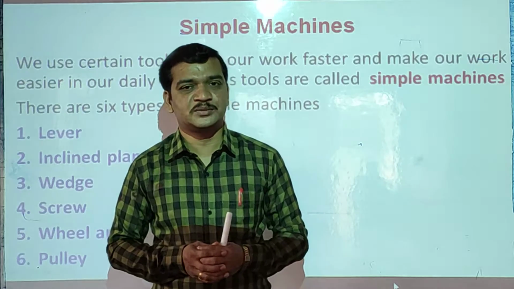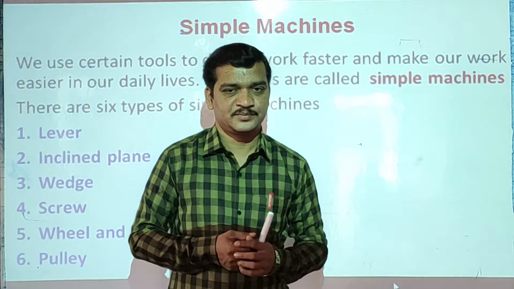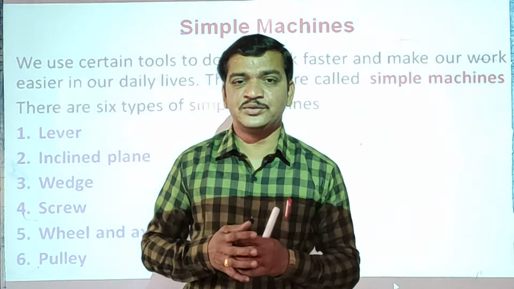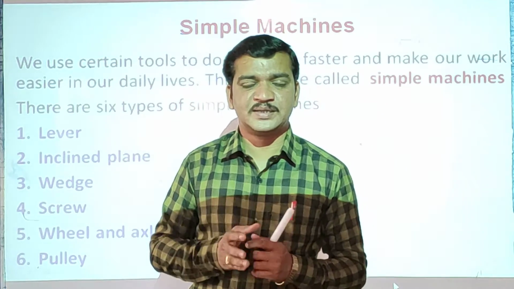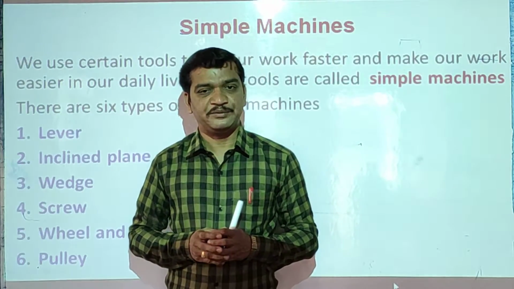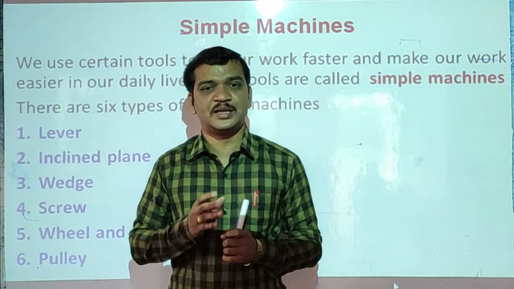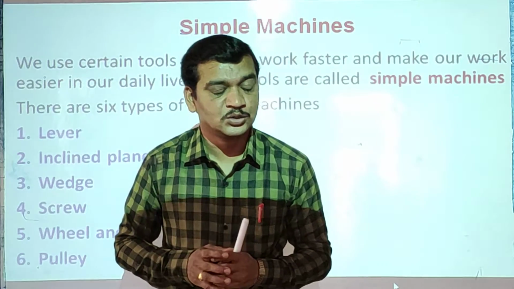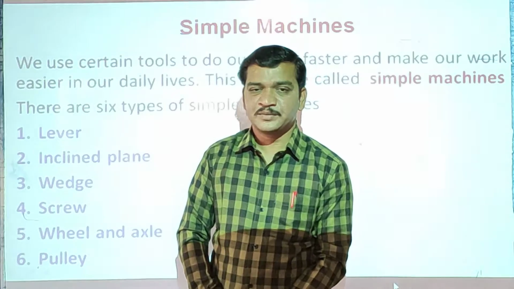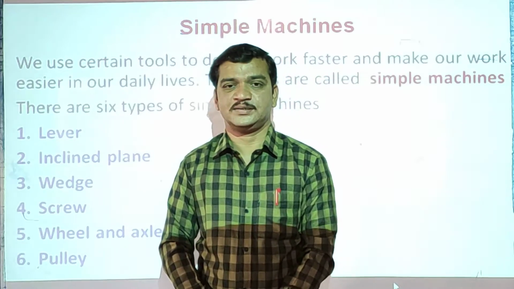No, it is not possible. For example, a knife. A knife is also a simple machine, or simple tool, that we use to cut fruits and vegetables. Can we cut the vegetables or fruits with the help of our hand? No. So these simple machines make our work easier and faster.